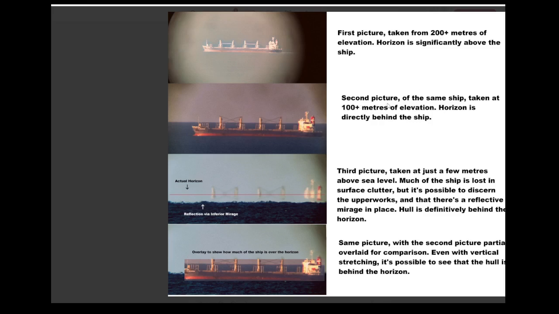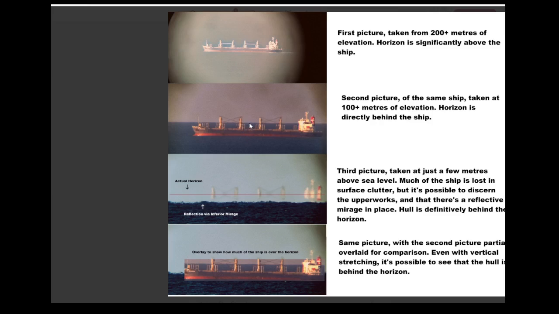Second picture of the same ship taken at 100 meters. So they've halved their elevation. They've come down 100 meters, and the horizon is directly behind the ship. Well, yes. What's this telling us? This horizon here is telling us our height in relation to the object, the ship. So we are indeed higher up than the ship.